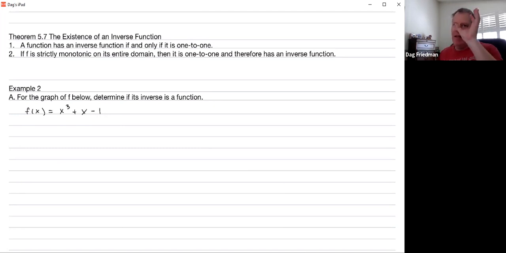Technically speaking, that's all you need to know. A function has an inverse if it is 1 to 1. What they do in part 2 is they're kind of clarifying that, and they're talking about a function being monotonic. We've talked a little bit about monotonic, but we'll talk about it a little more in a second. But I'll let you guys get this down.